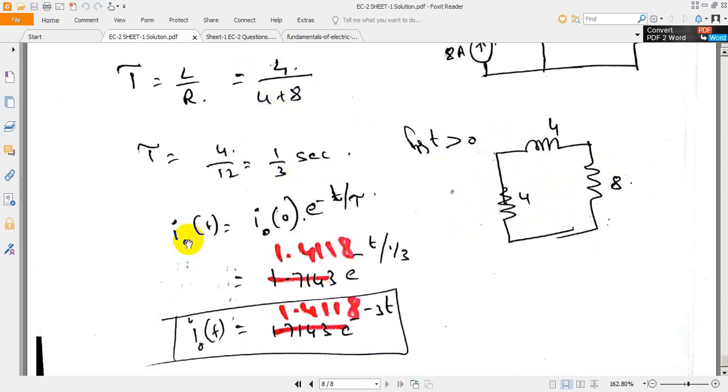Just substitute the value, you will get I naught of t is equal to 1.411 e power minus t by tau. Tau is 1 by 3, so it becomes 3t.